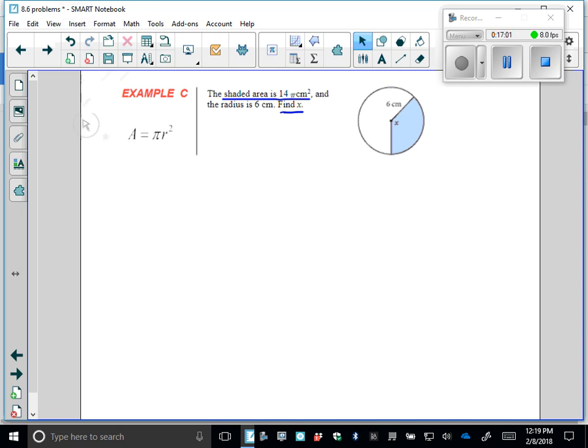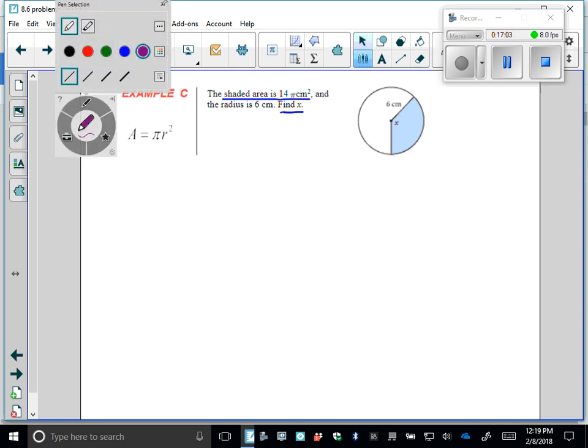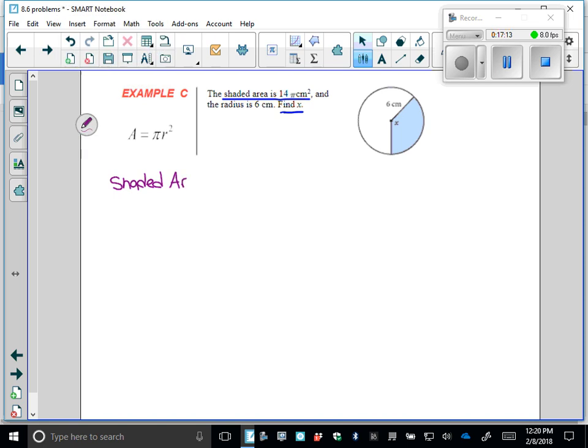And then the other thing is it's helpful to think of the shaded area, in this case, as a sector, which is that slice of pie. And because of that, we could use a ratio and proportion.